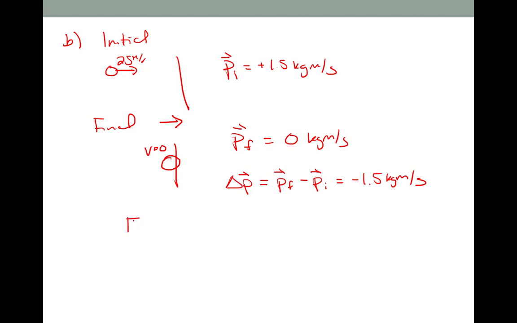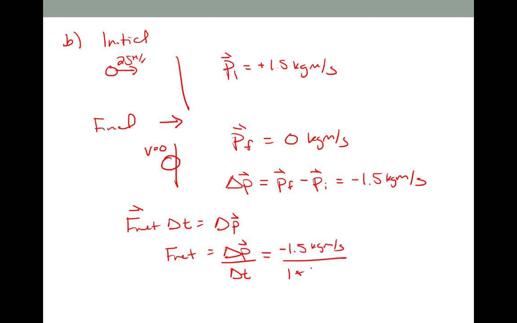I can now use that the net force multiplied by time equals the change in momentum to find that the net force on the ball is the change in momentum divided by the change in time, which is negative 1.5 kilogram meters per second divided by 1 millisecond. And that gives me negative 1,500 kilograms. Oops, wrong units. Let's try again. Negative 1,500 newtons.